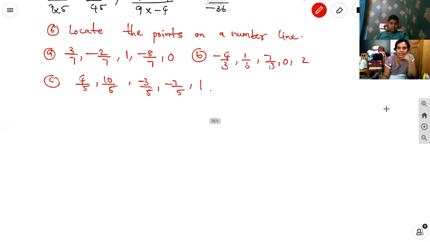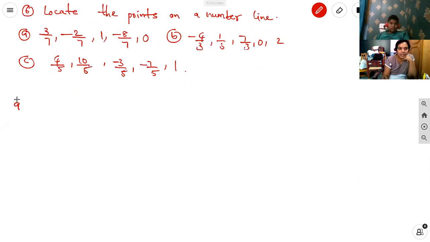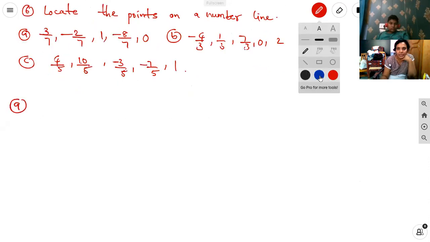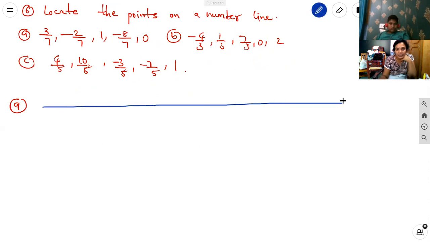First, you take the number line. This is a number line. In this, the midpoint is 0. The left side values are minus 1, minus 2, minus 3, minus 4, minus 5, minus 6, minus 7, minus 8, like that.